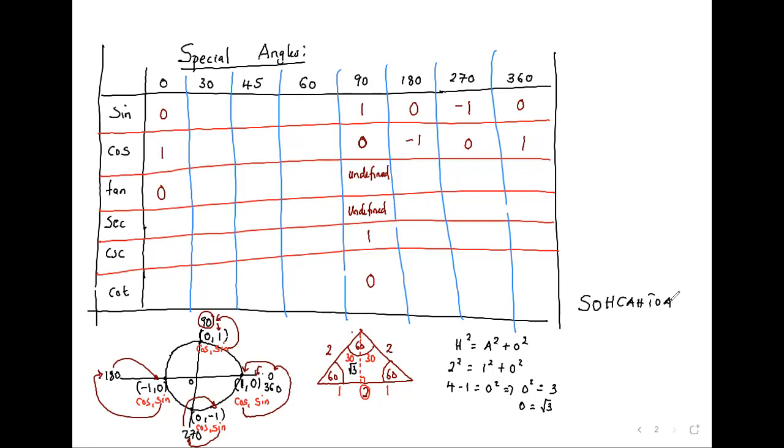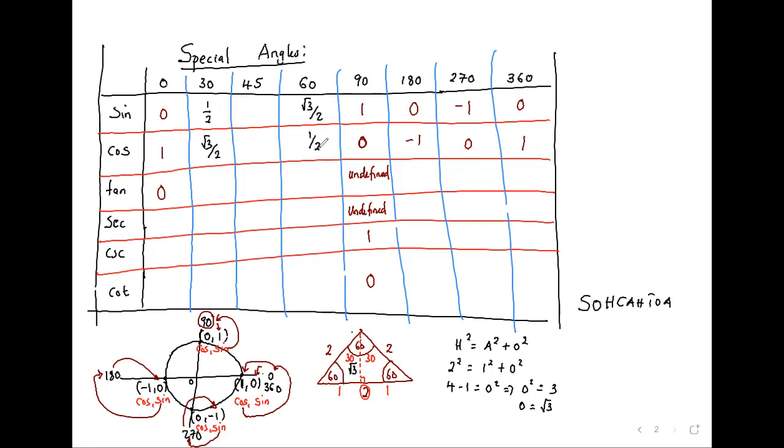What is sine 30? Sine 30 is opposite over hypotenuse, which we have. Sine 60 is opposite over hypotenuse. Cos 30 is adjacent over hypotenuse. And cos 60 is half.